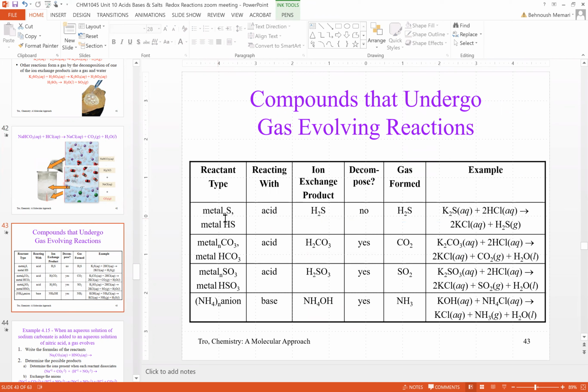So metal sulfide plus the acid, or metal carbonate or bicarbonate plus the acid, gives you products of gas. Sulfite and bisulfite, and ammonium, would give the gas of ammonia.